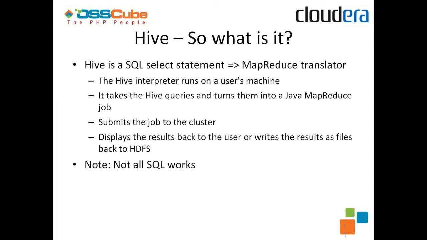You type in your query, and then the interpreter takes that query, converts it into a MapReduce job, and submits that job to the cluster. That job then runs on the cluster and can display the results back to the user, so you can see the output of your query, or it can write the results back as a file into HDFS. This is basically what Hive does. That's the core concept of Hive.